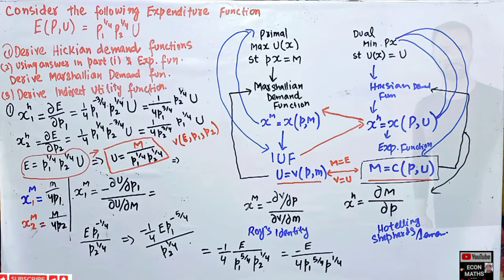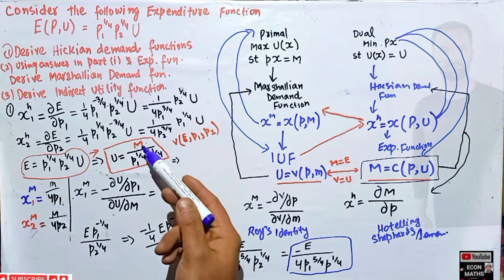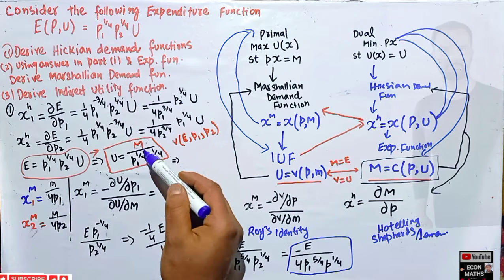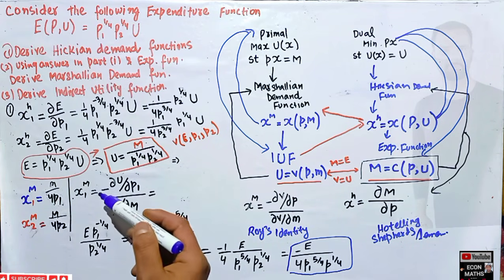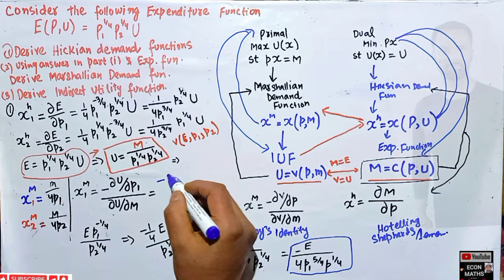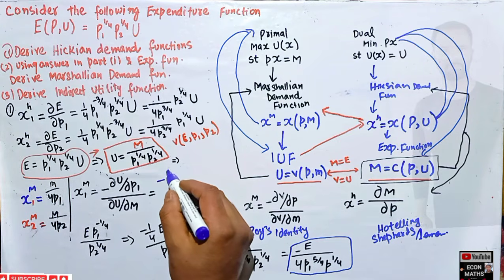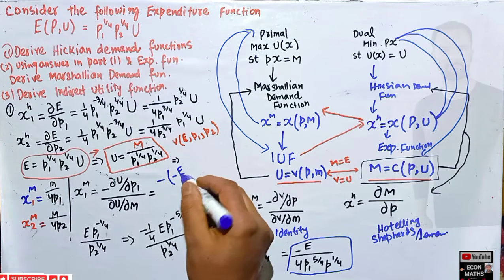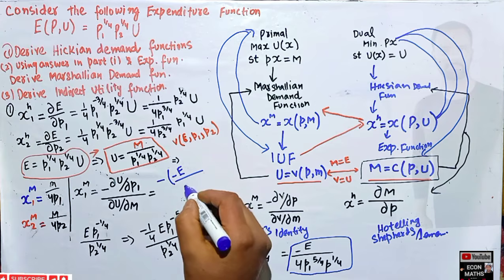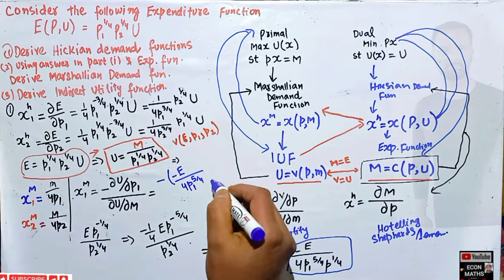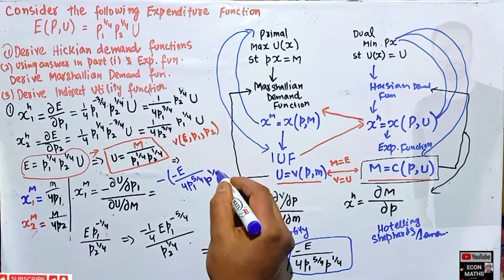Now this thing is our numerator. What is the derivative of this very function with respect to m? The derivative of m is 1, so we are left with this thing again. So in place of this I can write like this, minus e divided by 4p1 raised power 5 upon 4 p2 raised power 1 upon 4.